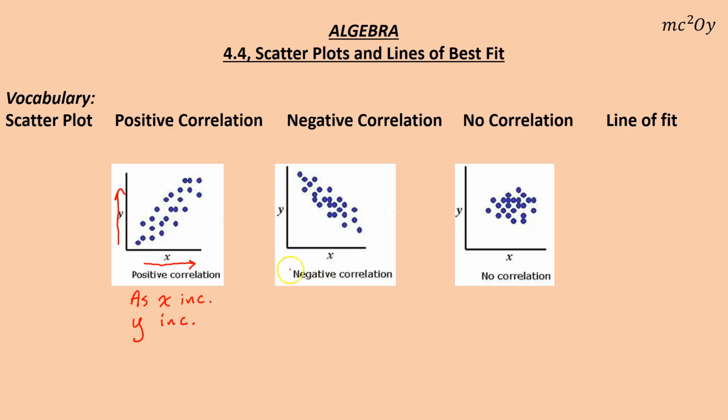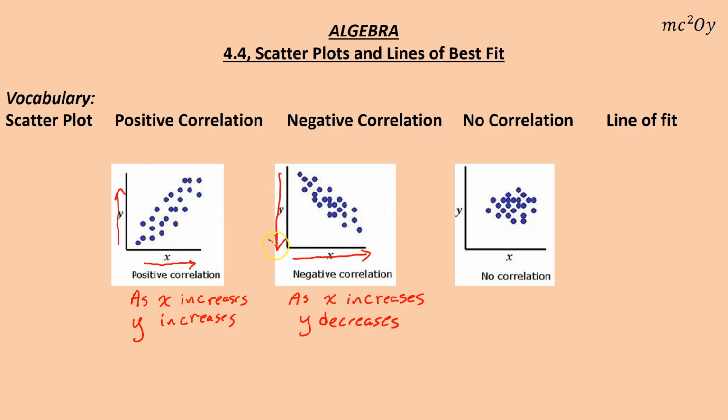A negative correlation would be as x increases, y decreases, excuse me. So if you're taking notes, you may actually want to spell out increases there. Okay, so as x is going up, y is going down.